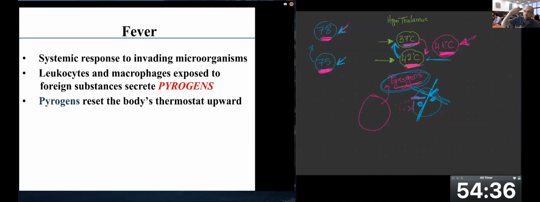So at 77, it's high for me. It's a high temperature. I don't like it. It's the same concept. The hypothalamus will not be sending out the signals until you get to 42. So it's too high for you. So if you are 41, your hypothalamus is not sending out the signals to your effector organs for you to respond.